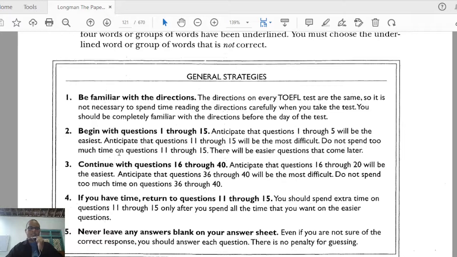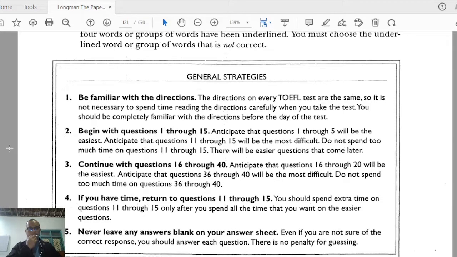So anticipate that questions 11 through 15 will be the most difficult. Oke, jadi nomor 1 sampai nomor 5 itu the easiest, dan nomor 11 sampai nomor 15 itu akan agak susah ya, will be the most difficult.